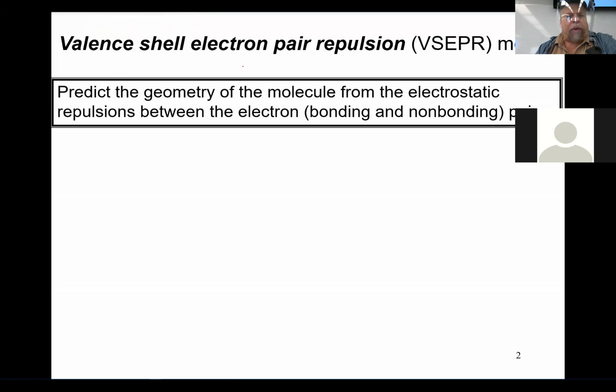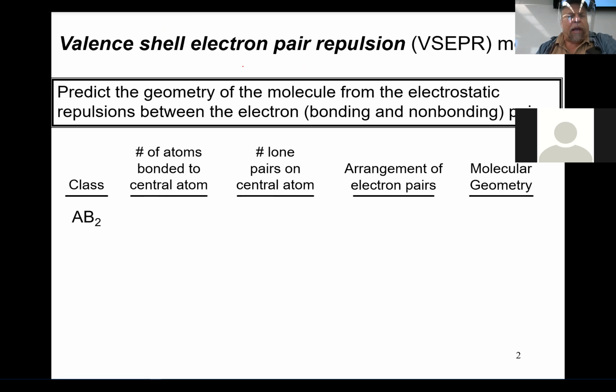Now, predictive geometry from the electrostatic repulsions between electron pair bonding and non-bonding pairs. So let's just look at some examples. The first one is AB2. Okay, what's an example of a compound that's AB2? Can anybody think of one?